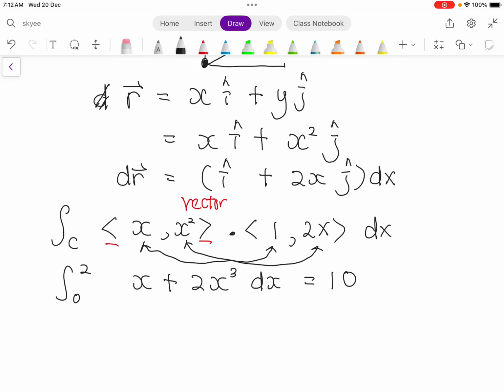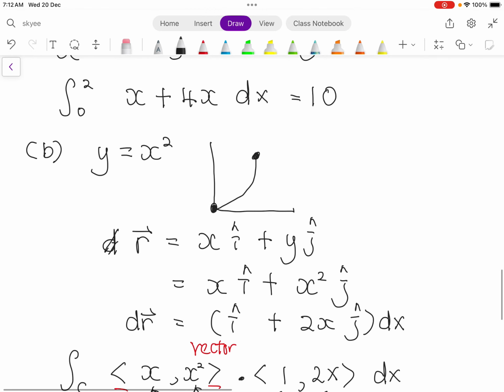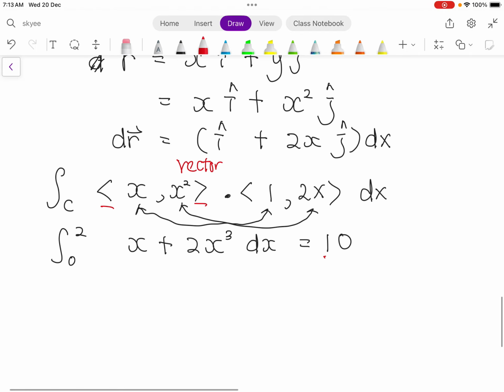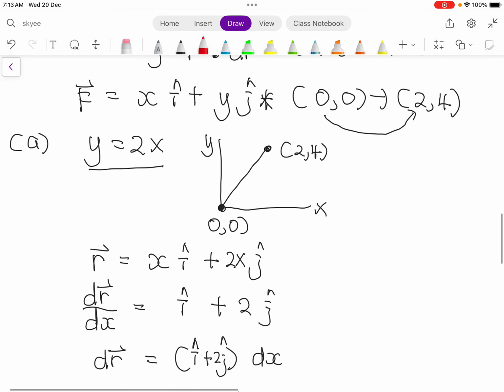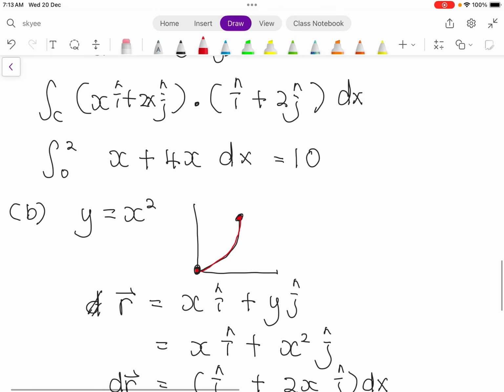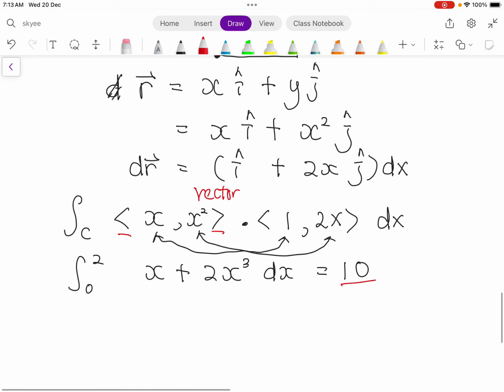The work done is also equal to 10, meaning that if the force pushes the particle from this point to this point going through the curve like this, the work done will be equal to 10. For the previous one, it pushes the particle from this point to this point using a straight path, and the work done is also equal to 10. They have the same work done.